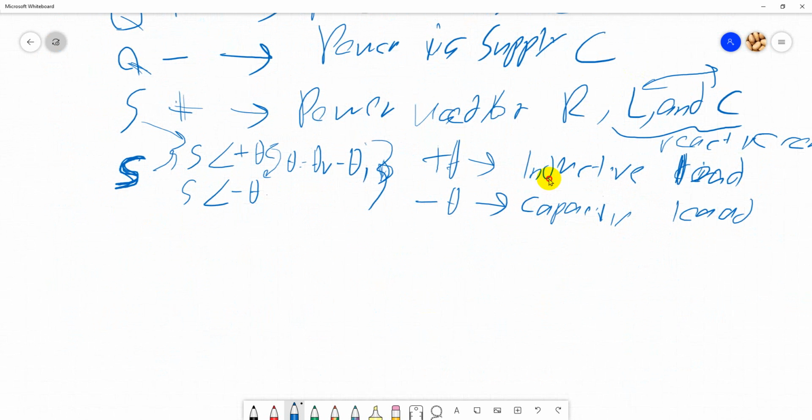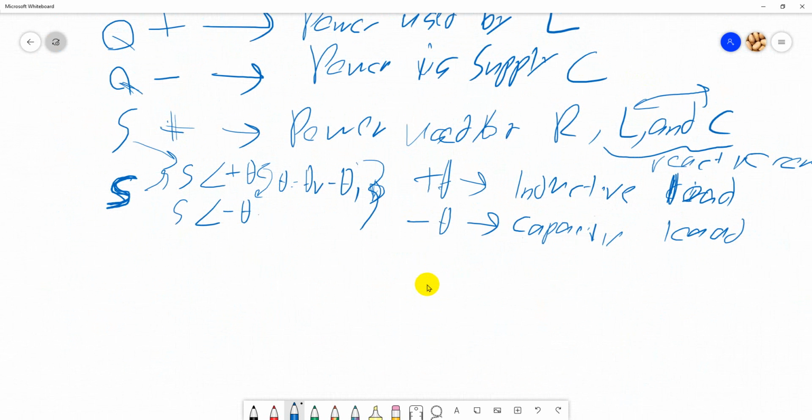Then power factor, PF, is basically the same thing, because PF is basically cos theta. If the theta is positive, it means inductive.